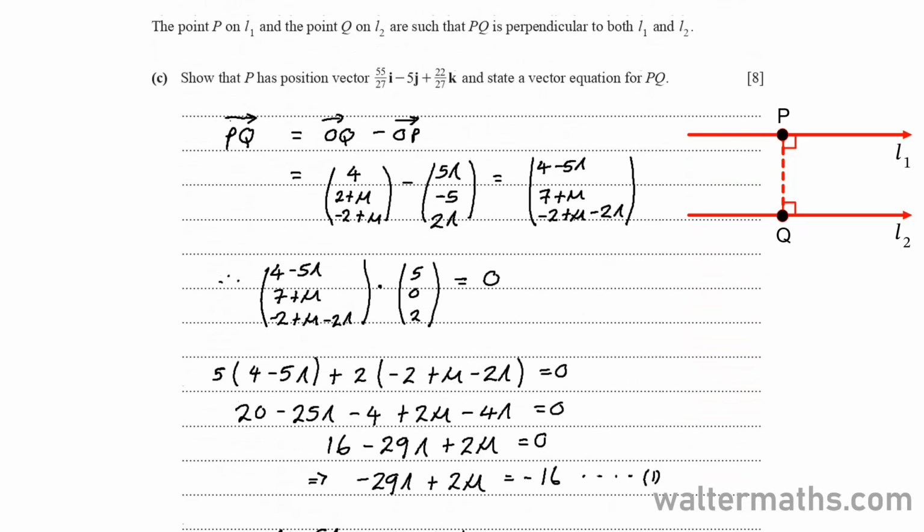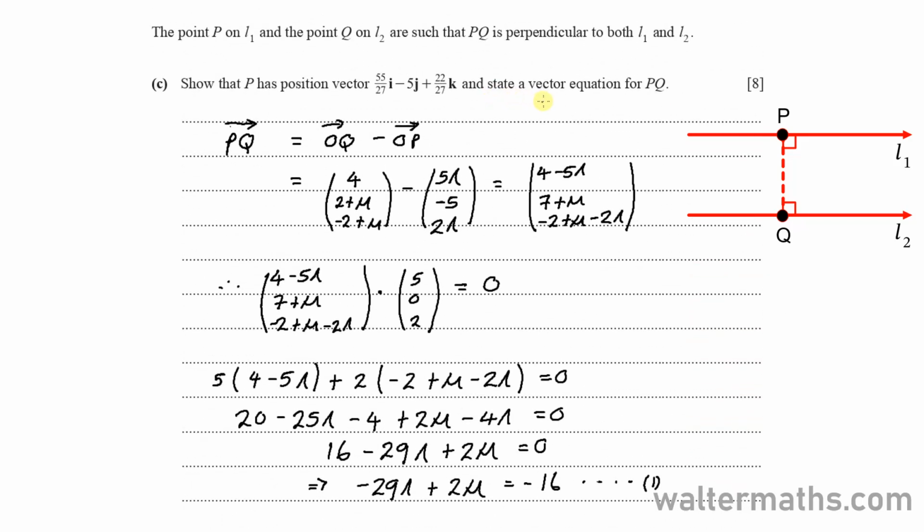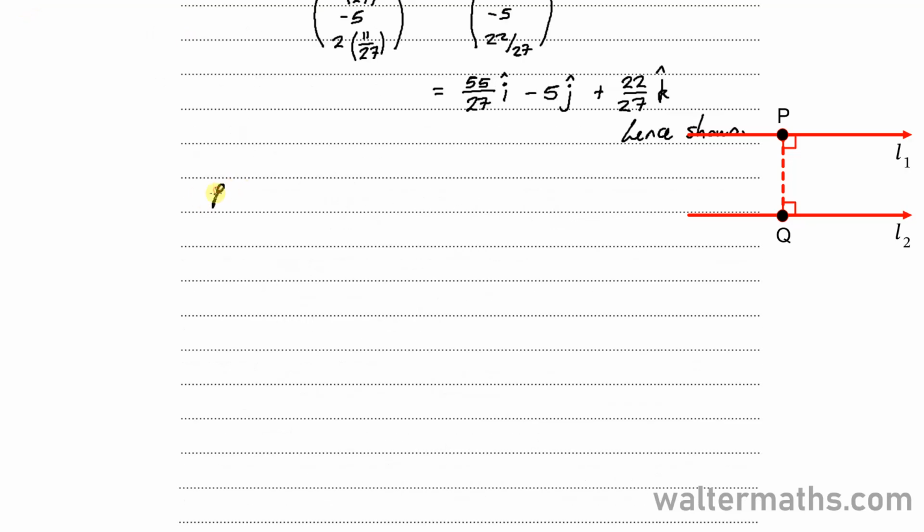Then the question also goes and states a vector equation for PQ. Now we got PQ to be this. So let me take that. So PQ is equal to, and this is the form of PQ. Now the value of lambda, we got it to be 11 over 27.